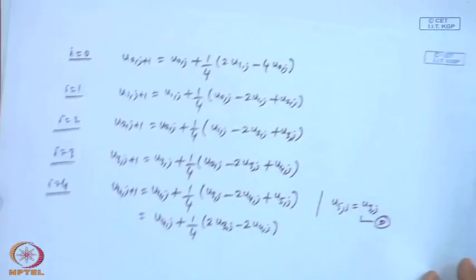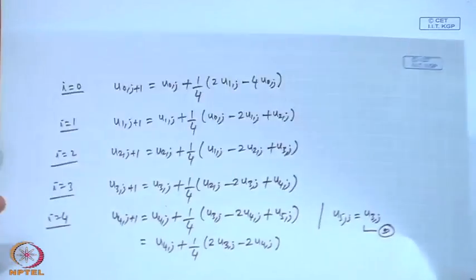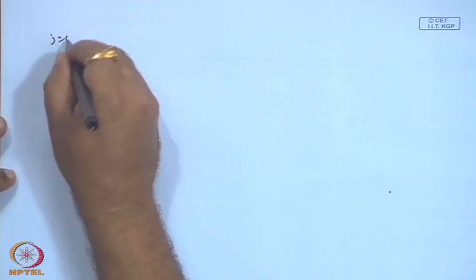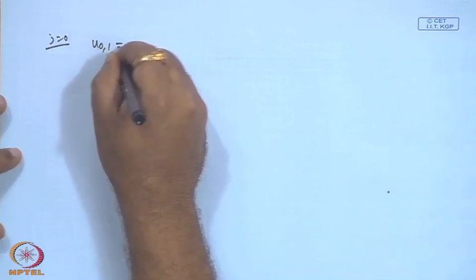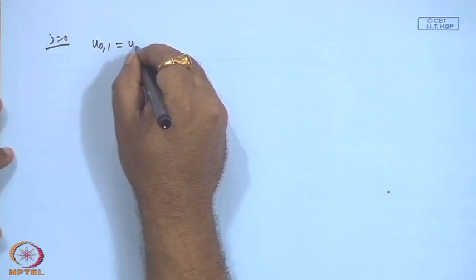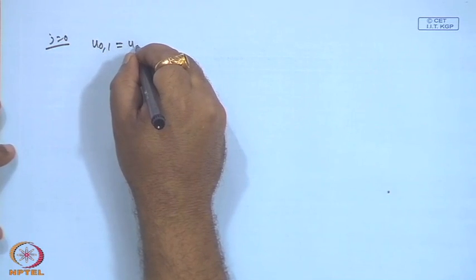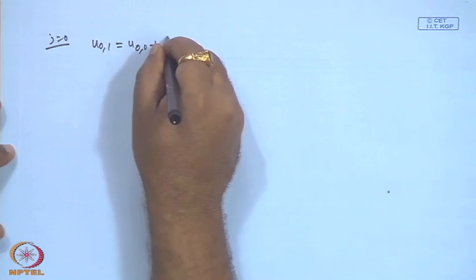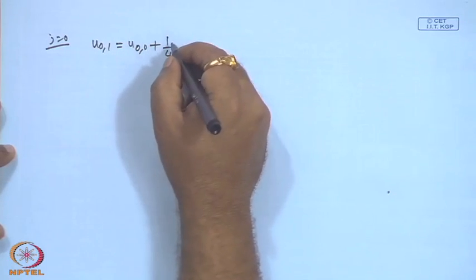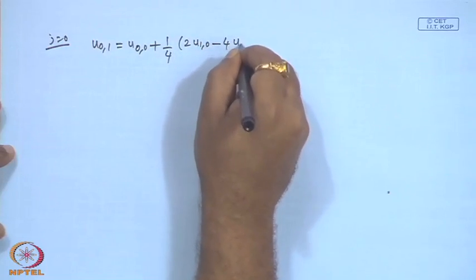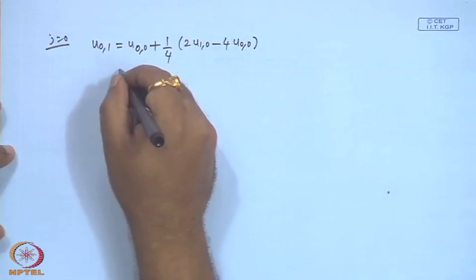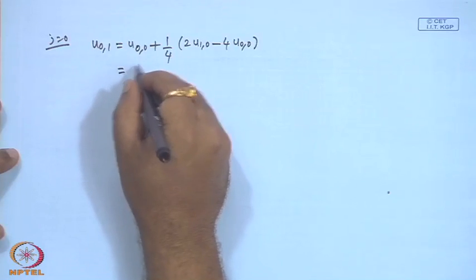So, if we do that, j equals to 0, j equals to 0 will be, so this can be computed.